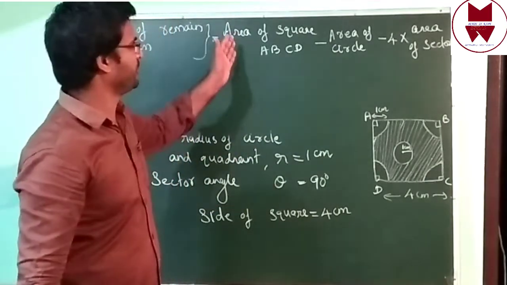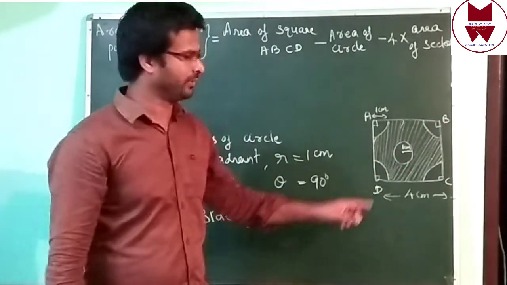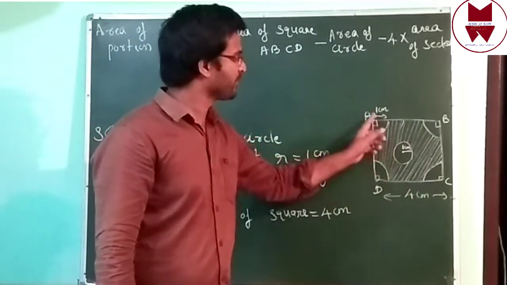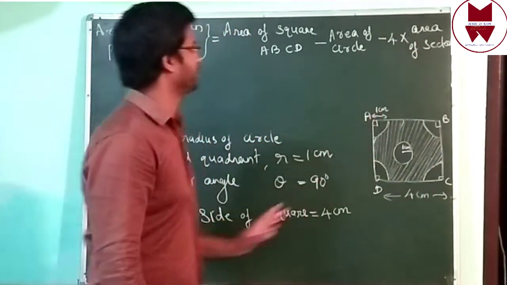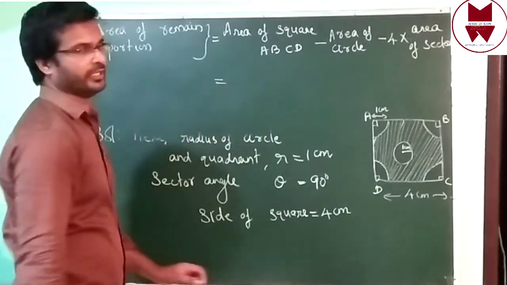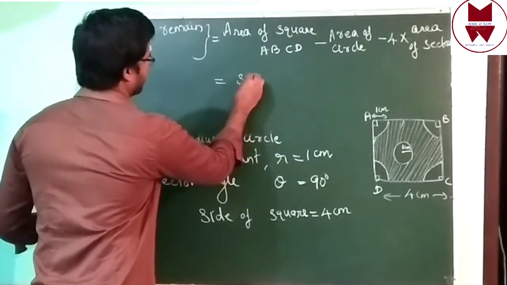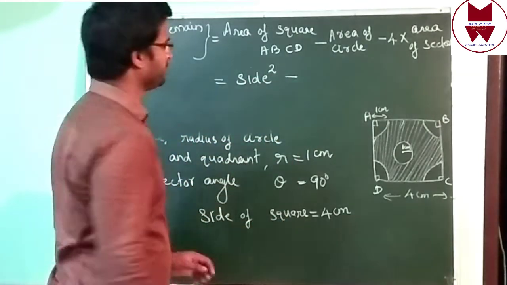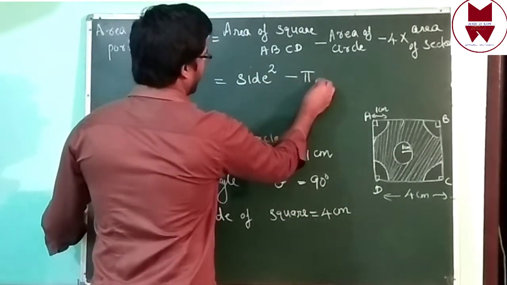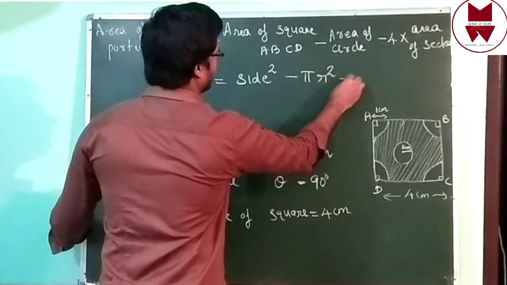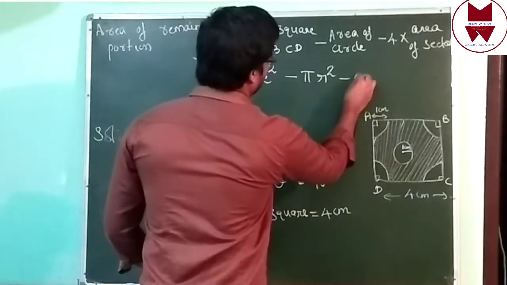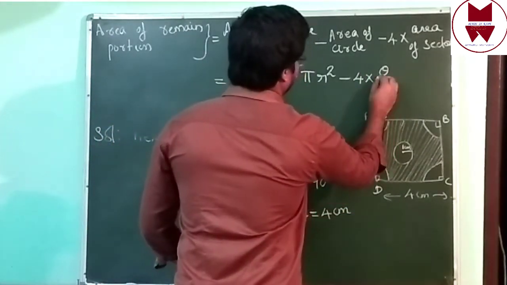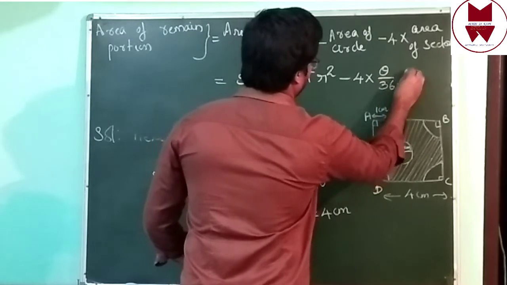Three things: first find the area of the total square, then subtract the area of circle, then minus 4 into area of sectors. Area of square is side into side, side square, minus area of circle, which formula? That is pi r square, minus 4 into area of sector. Sector formula is theta by 360 pi r square.